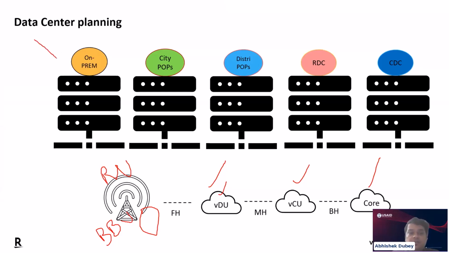So the first one, on-prem, is especially for private network. Private network is very much in talk in telecom because this is a hot topic in today's conversation, because every OEM wants to host this private network.